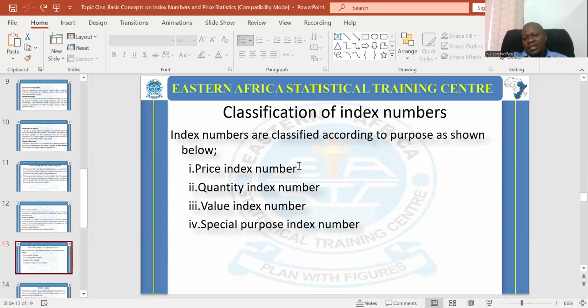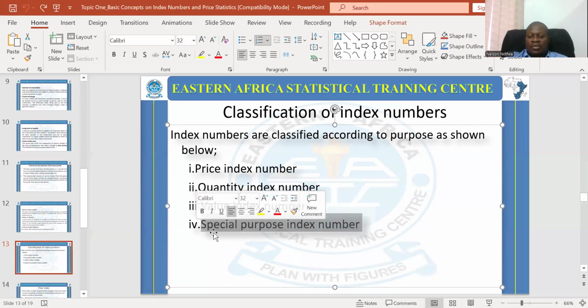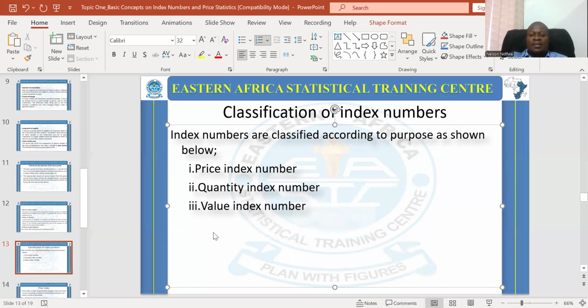And also we have the classification of index numbers. We classify index numbers into three areas. The first is the price index.